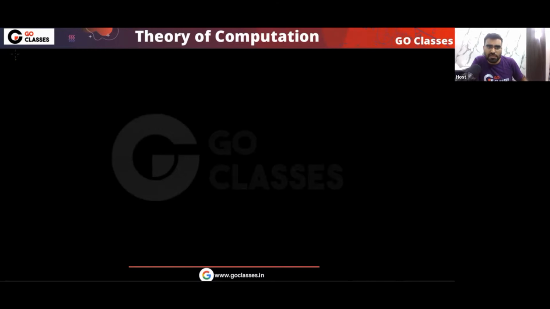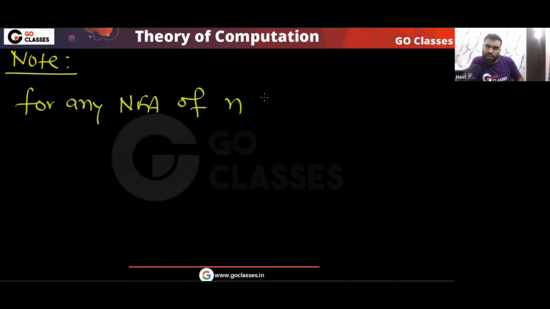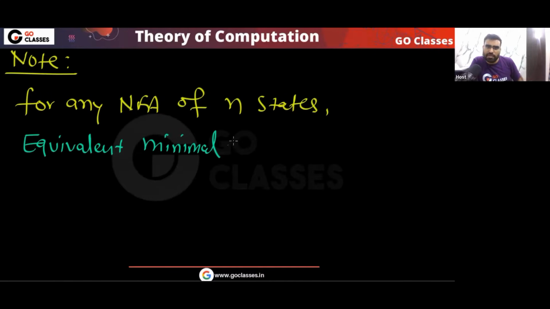This is a very important point: for any NFA of n states, the equivalent minimal DFA will have at most 2 power n states.